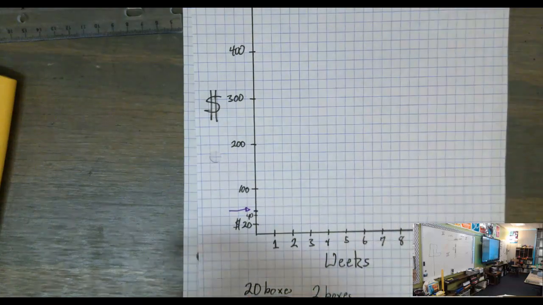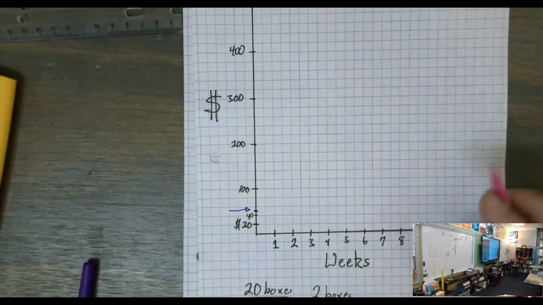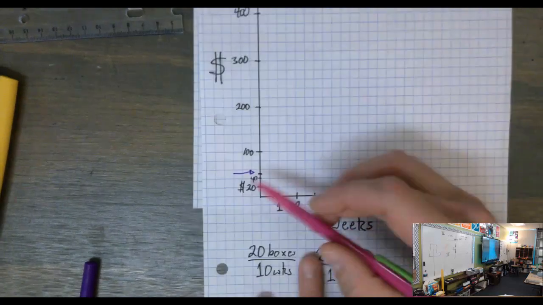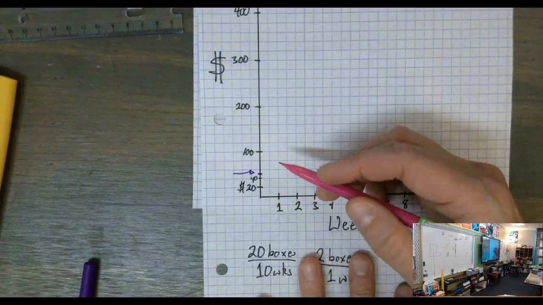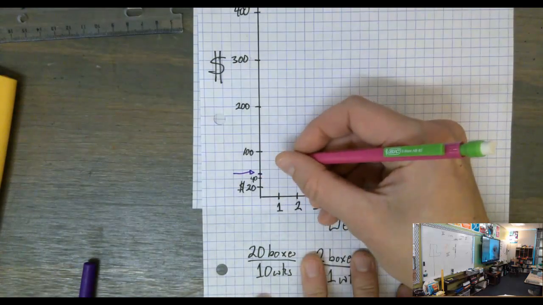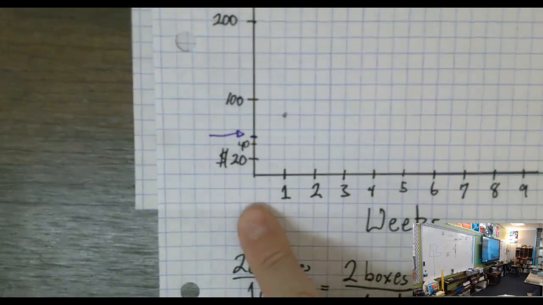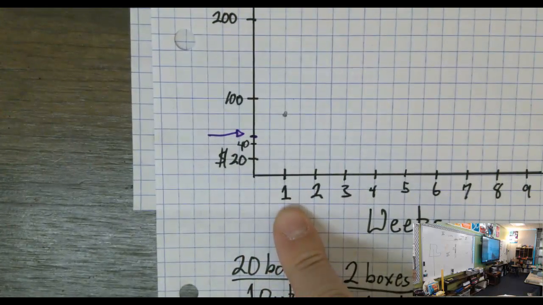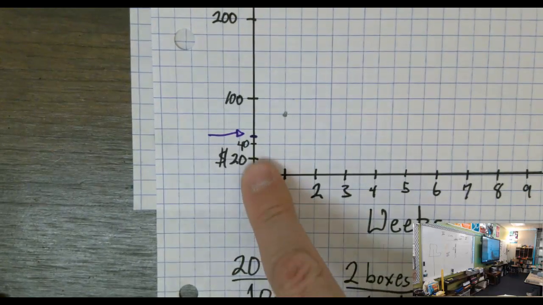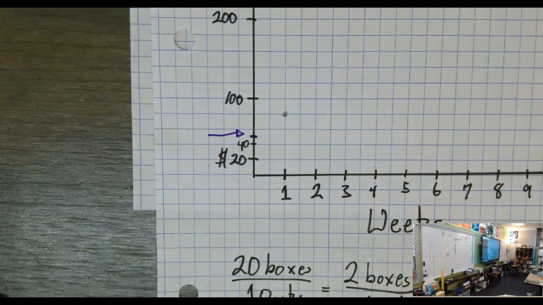Now I'm definitely going to work in pencil because this gets slightly annoying. I need to go up by 30, which is a box and a half, according to the scale that I made. Might be different on your paper, but I go up 30. Careful. When we go over 1, that's over 1 week, not 1 box. So I went up $30 over 1 week.